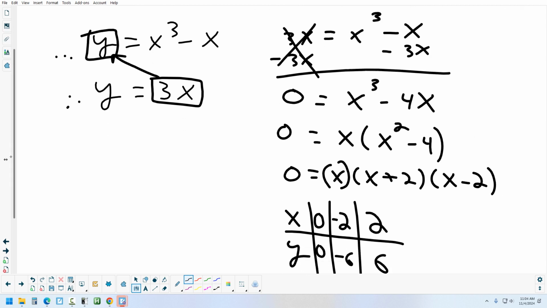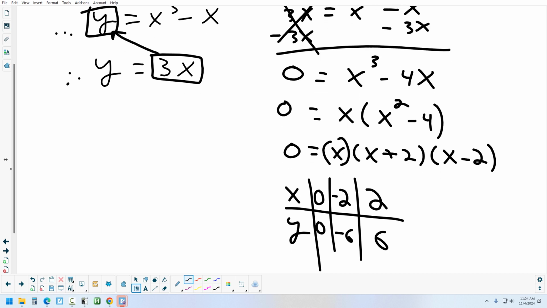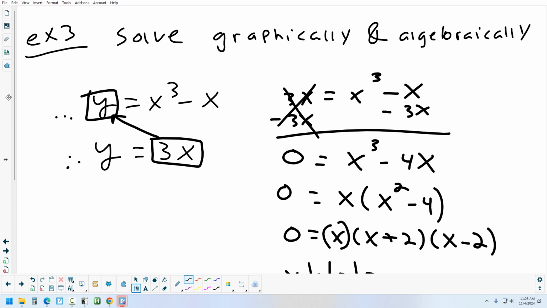Okay, so that's how you solve it algebraically. So we don't need anything fancy. Like in chapter 3 earlier, we studied long division, rational root theorem. We don't need any of that. All right, let's graph it and try the same thing.